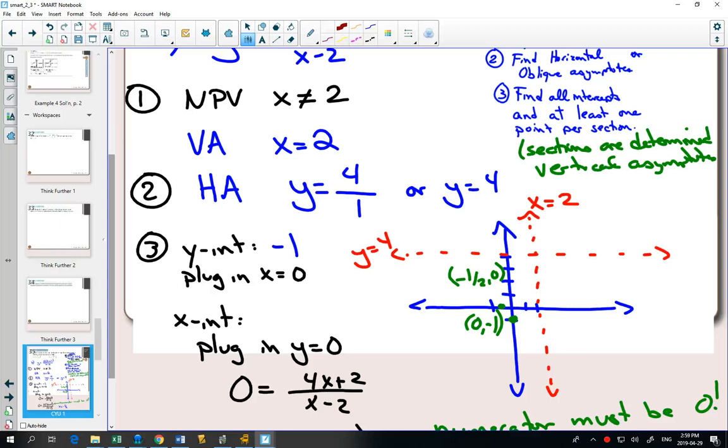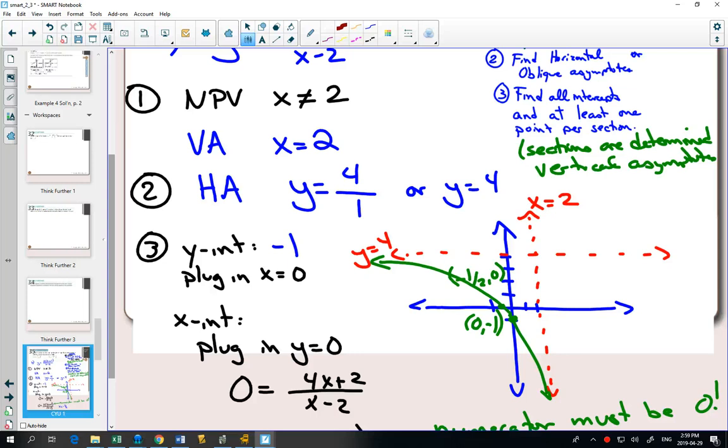So I know these 2 are going to be connected, and this has to go down towards the asymptote, and this will have to go up and bend towards the asymptote. So I know that section. The reason we need at least 1 point per section is to find out what the other part of the graph is going to look like.